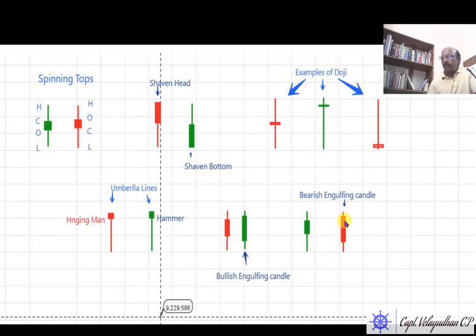This candle engulfed this candle. This is called a bearish engulfing candle. As you see, whatever gain was made by this day was fully taken away by this candle. So this is a bearish signal.